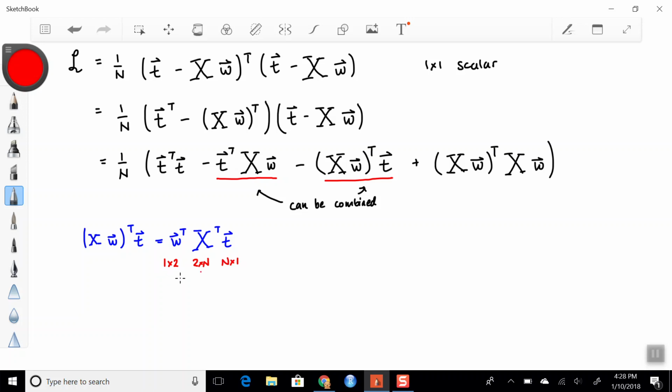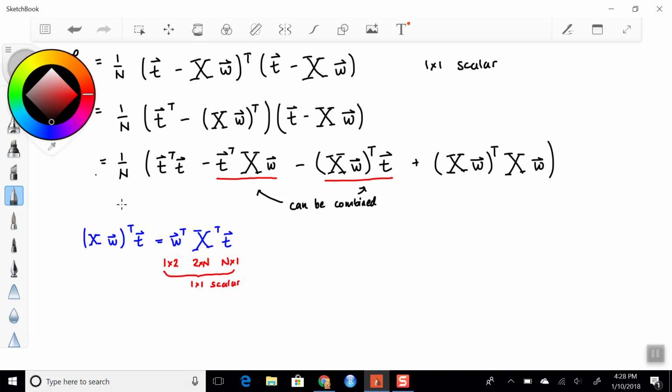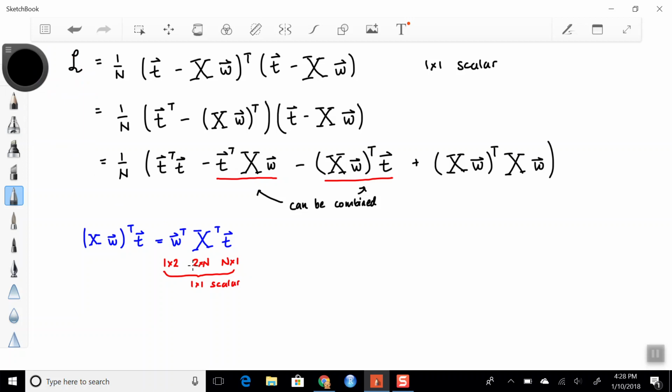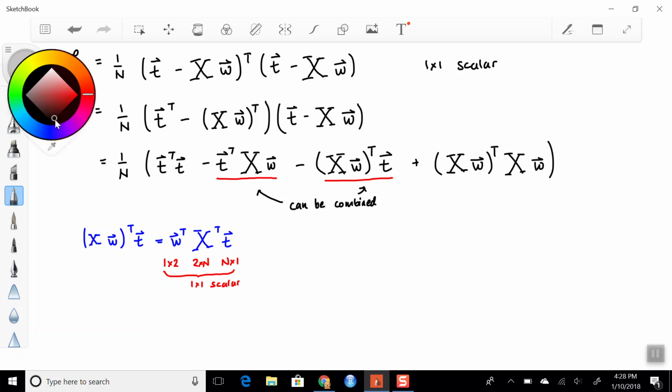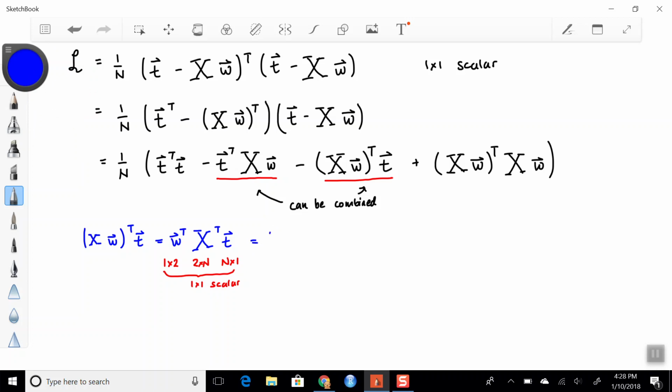So when you multiply all of these out, this becomes a 1 by 1 scalar, which means I can take a scalar and transpose it and it has no effect. If it were not a scalar, this would not be allowed, but because it is a scalar, it is allowed.